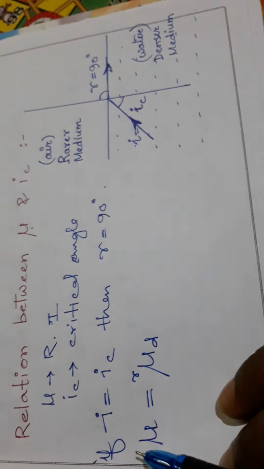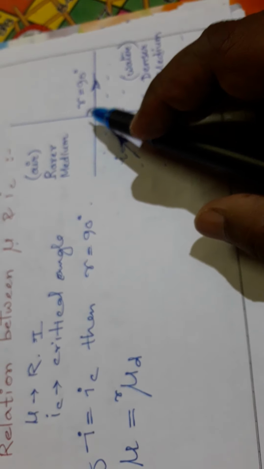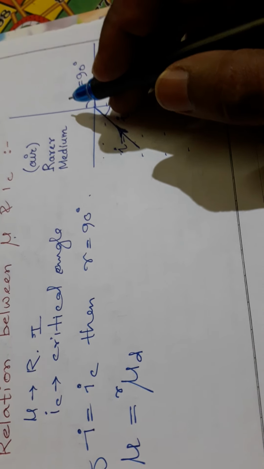Okay, rmud means light is traveling from rarer to denser, but in this case light is traveling from denser to rarer, so we require dmur. Why? Because light is traveling from denser medium to rarer medium. So how to find dmur?